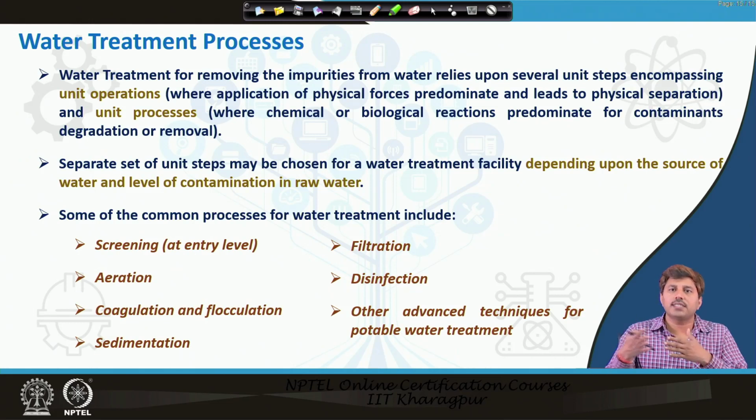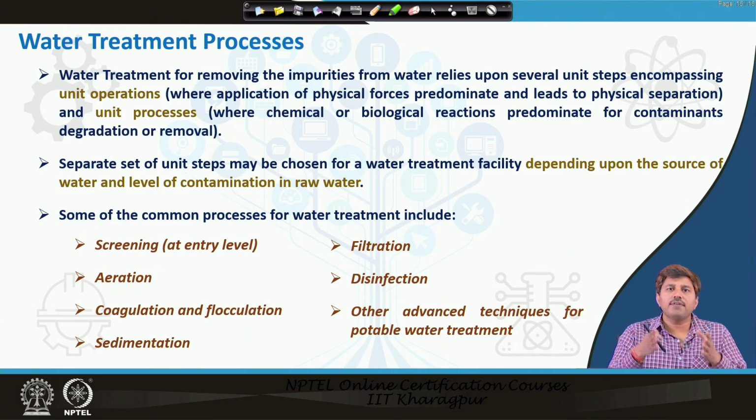Yes, there are high-end systems like RO, or distillation, which can almost remove anything, but they are very energy intensive and are generally not used on raw water directly. So then how do we go about treatment of water?